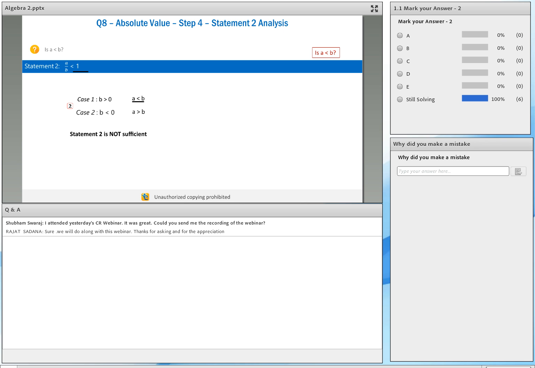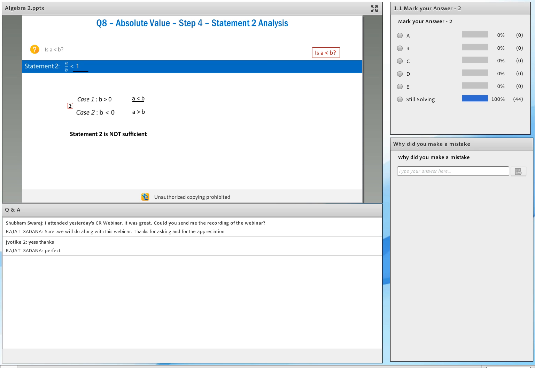All right, let's go to the last question. Again, a logic-based question, but I think an easier question. All right, 35 people. Let's get to 50 people saying still solving.